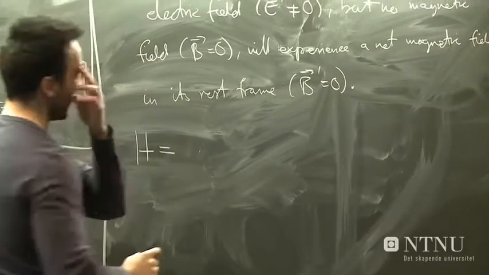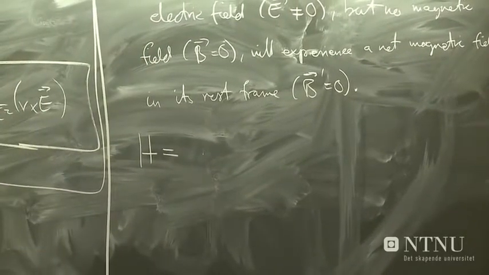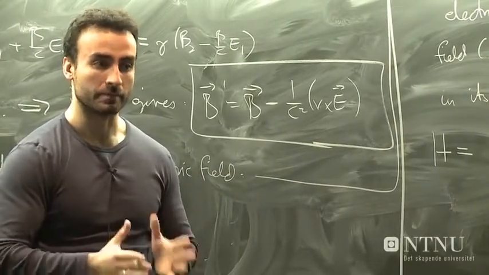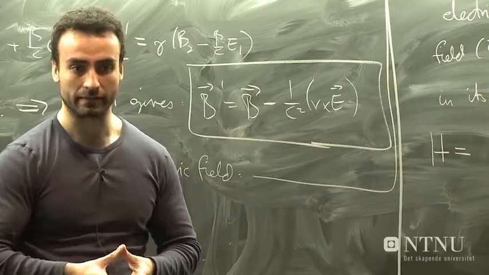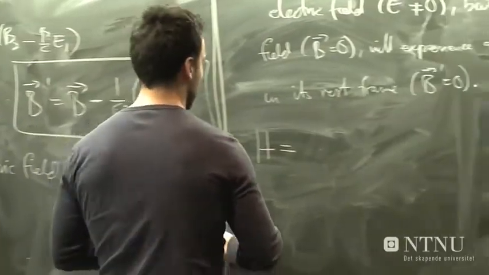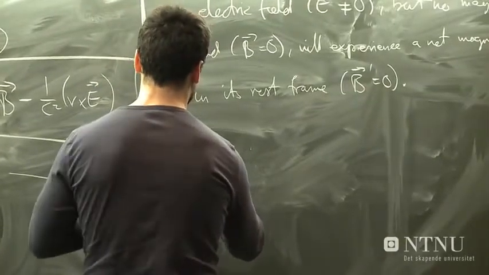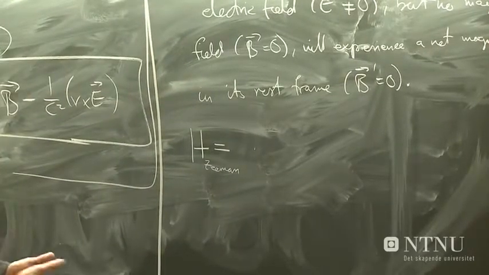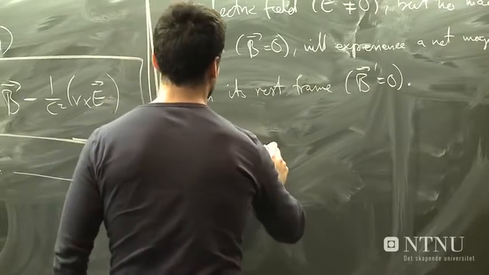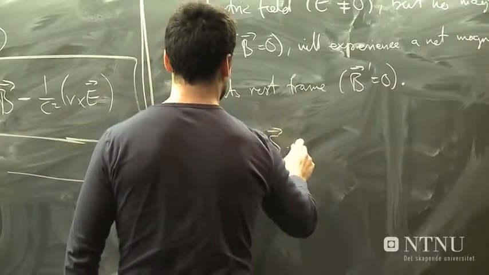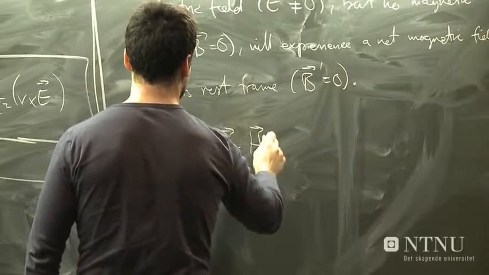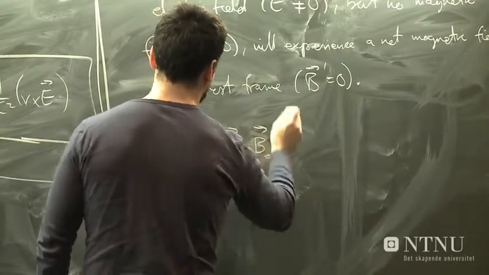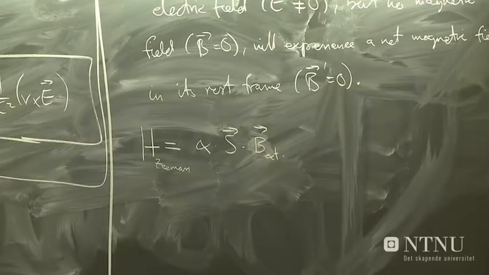We can start by the observation that if you have a particle such as an electron with spin, we know that spin interacts with the magnetic field. So the Hamiltonian describing this so-called Zeeman coupling can be written quite generally, something like as follows.